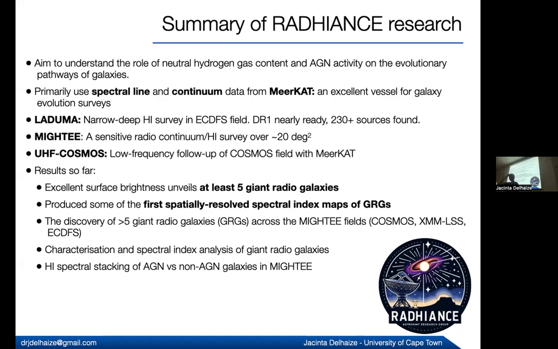So we can tell that these are almost certainly very low inclinations. Of course, we have to take account of that when considering how many GRGs we should be detecting compared to the total number of radio galaxies.